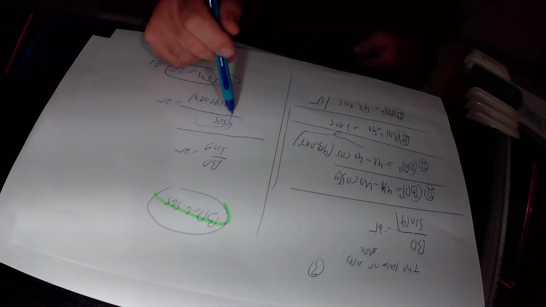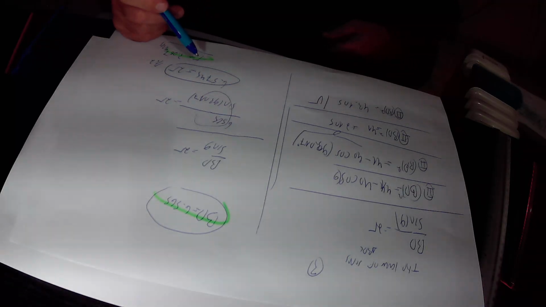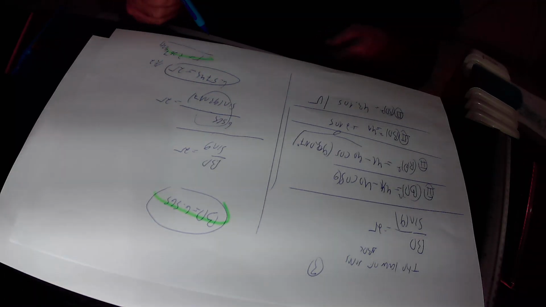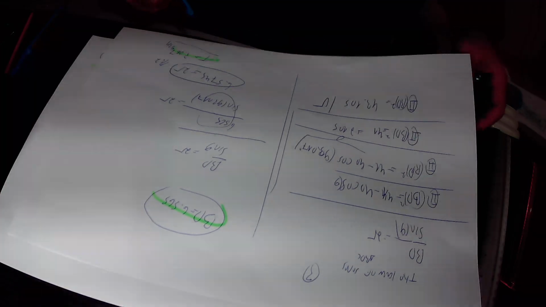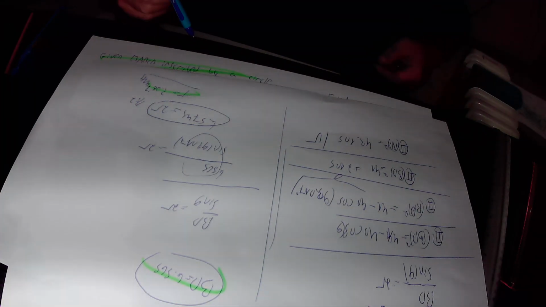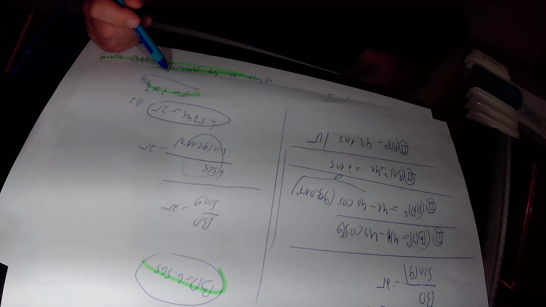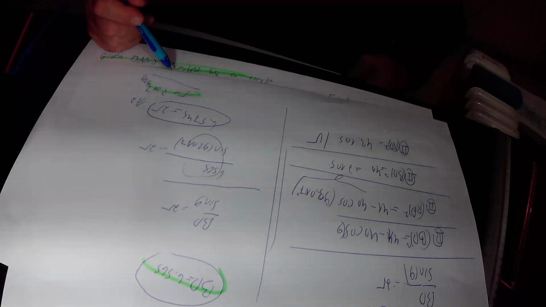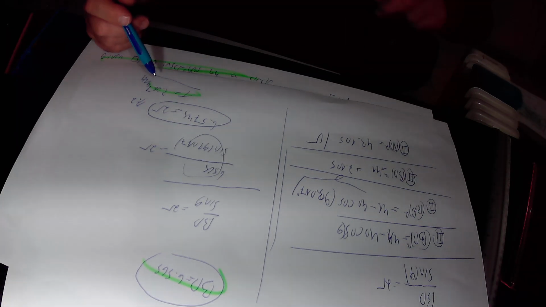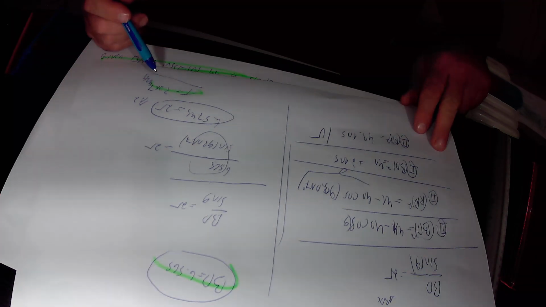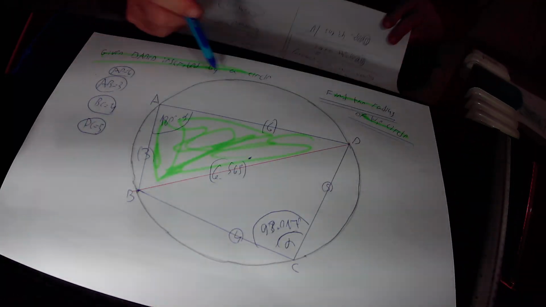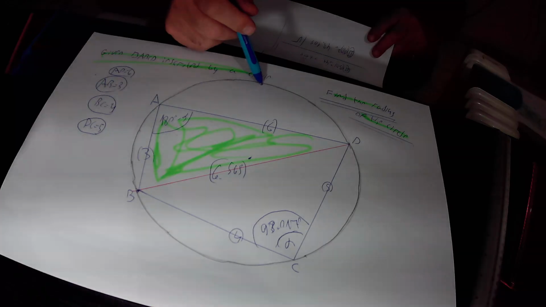So this expression equals 6.5745, which equals 2R. Here we divide this equation by 2 and find that R equals 6.5745 over 2, which is 3.287 units. So the radius of this circle equals 3.287 units.